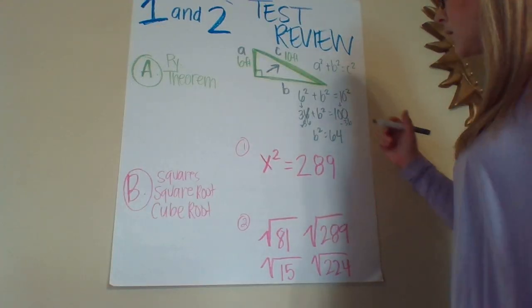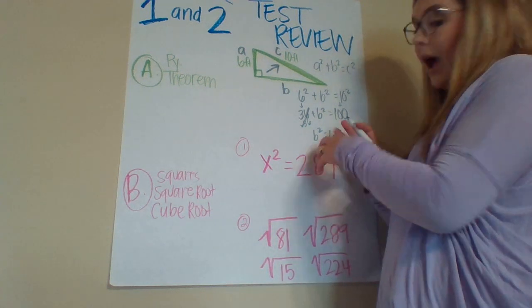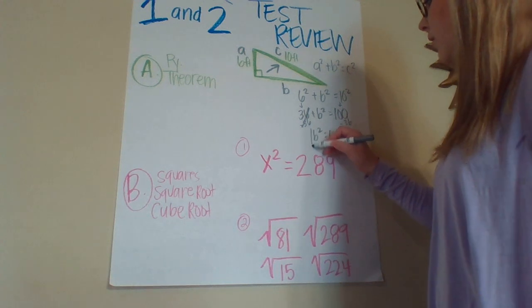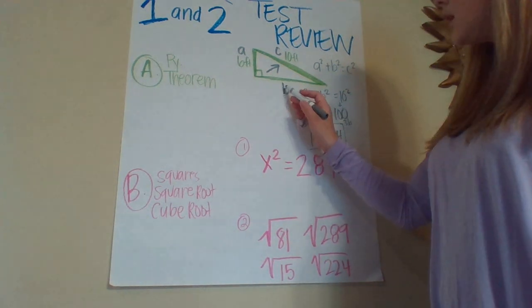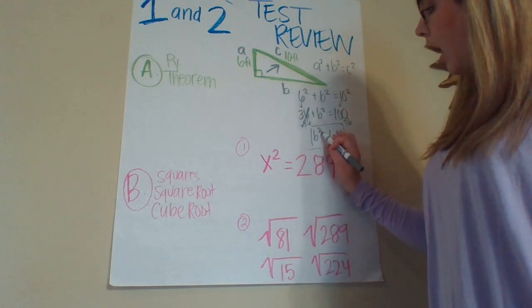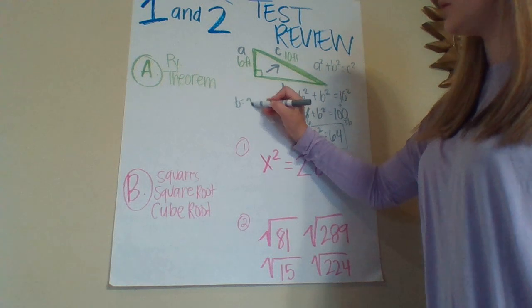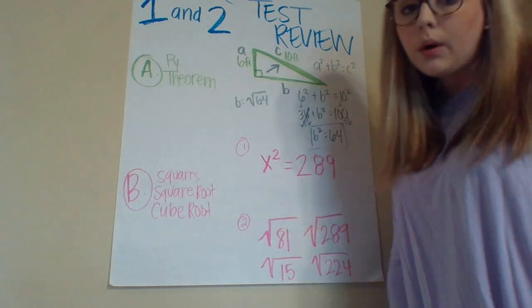Now, in the first couple of videos, Mr. Becknell and I talked about how we leave our answer. This is an okay answer, but we want to try to get what B is. I know that the opposite of squaring is square root. So B would equal the square root of 64.